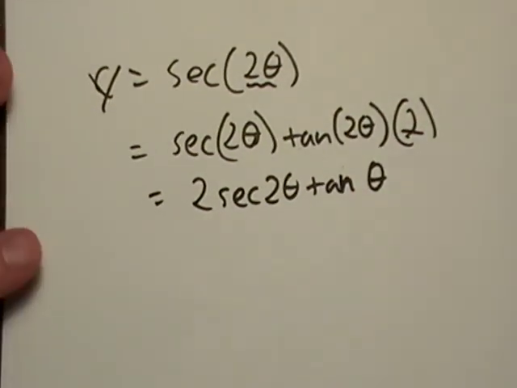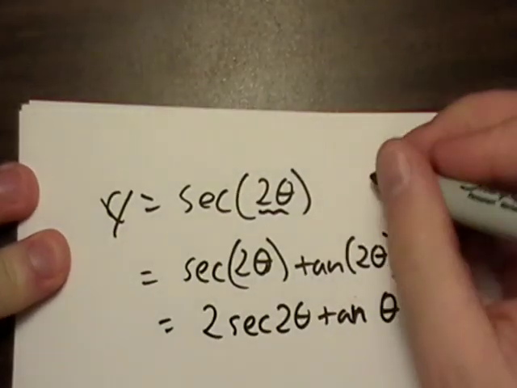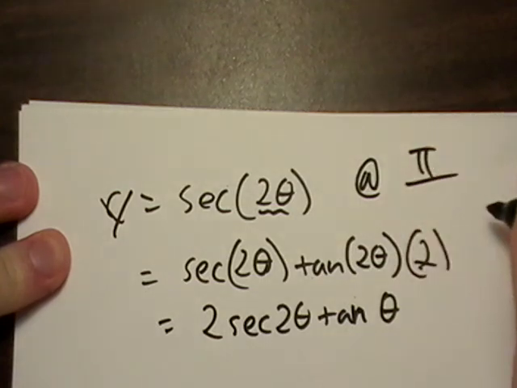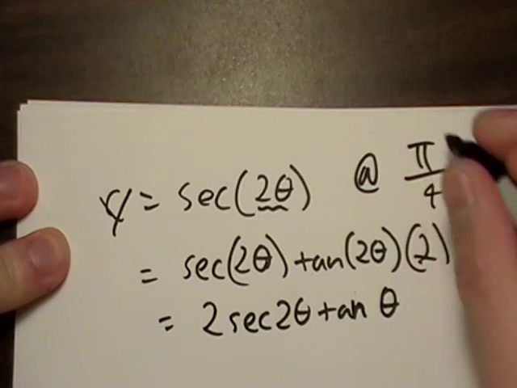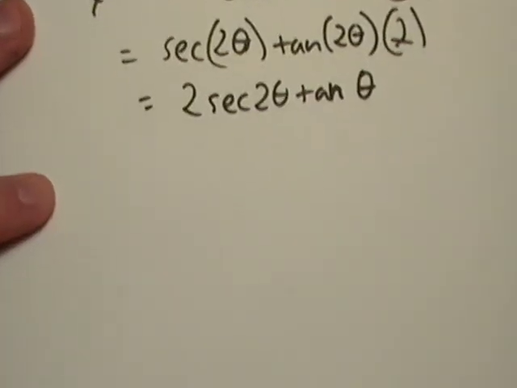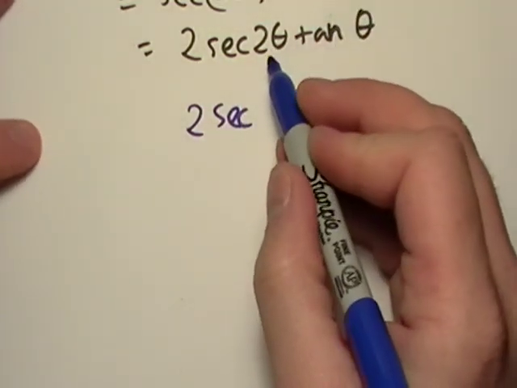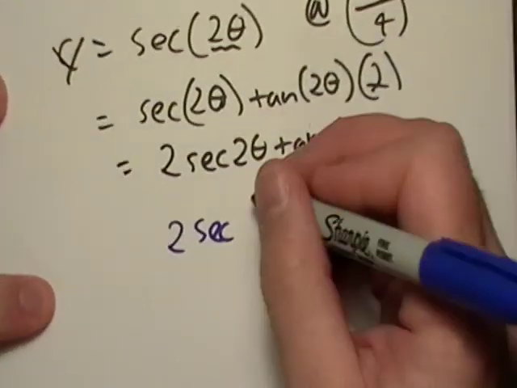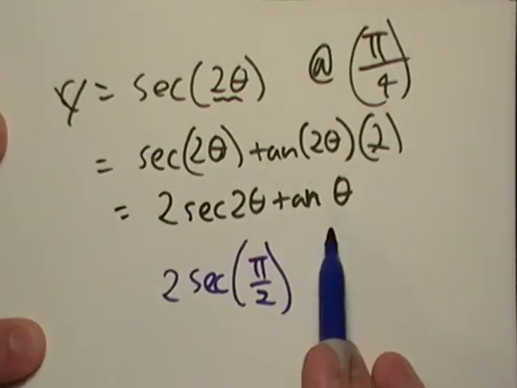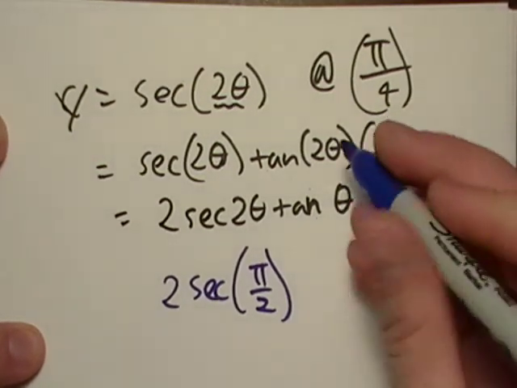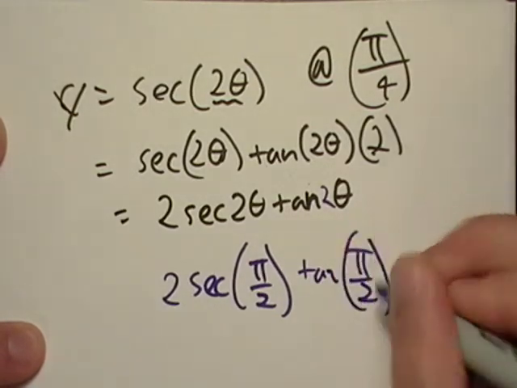Now say we were interested in the derivative of this function at pi over 4, just to make it easy. So 2 secant 2 theta, so 2 times pi over 4 is just going to reduce down to pi over 2. And then tangent of, I forgot to write that 2, tangent of pi over 2.